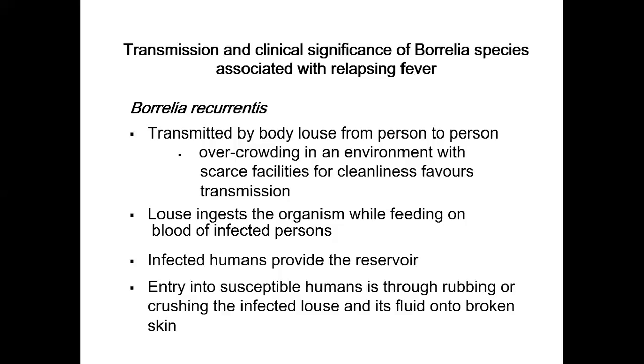What happens is that the louse ingests the organism while feeding on the blood of the infected person. And this infected person, there are many of them in that crowded area, they form the reservoir. Entry into a susceptible human is through rubbing or crushing the infected louse and its fluid onto broken skin.